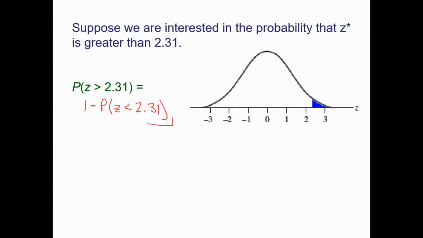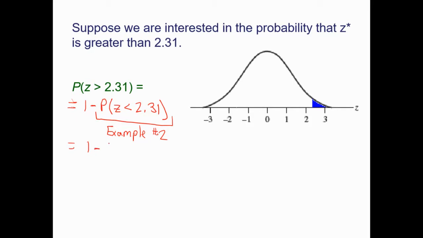And we actually found this value in example 2. So just to save us some time from having to look at our table again, what did we say that value was in example 2? 0.9896.